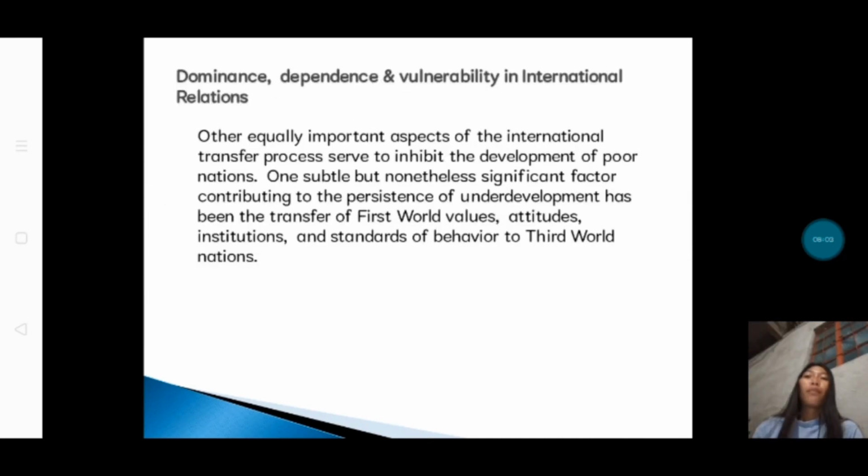Other equally important aspects of the international transfer process serve to inhibit the development of poor nations. One subtle but nonetheless significant factor contributing to the persistence of underdevelopment has been the transfer of first world values, attitudes, institutions, and standards of behavior to the third world nations.